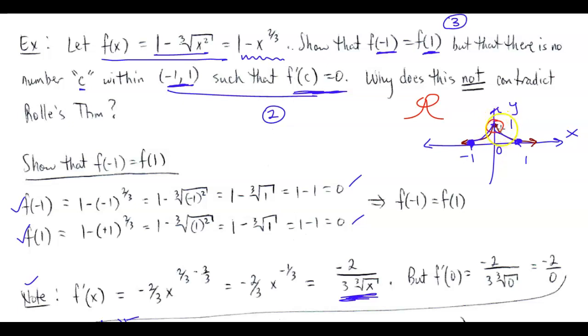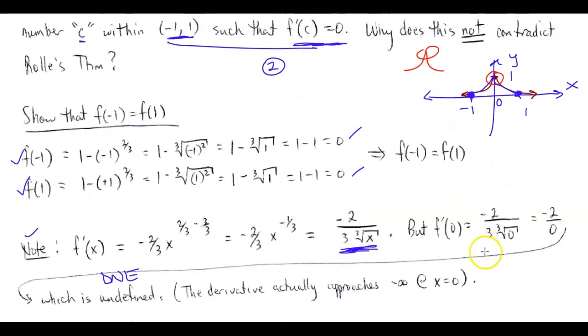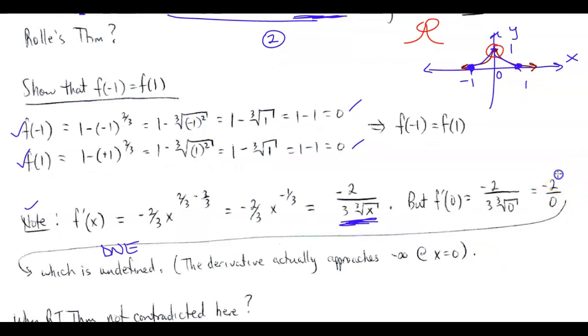And again, what you see here is that we have a cusp, but algebraically, when we work it out, what that looks like is you have some number divided by 0 for your derivative whenever you try to plug it in at the place where you think you may have a horizontal tangent line, okay?